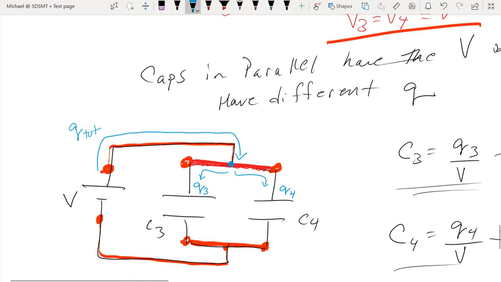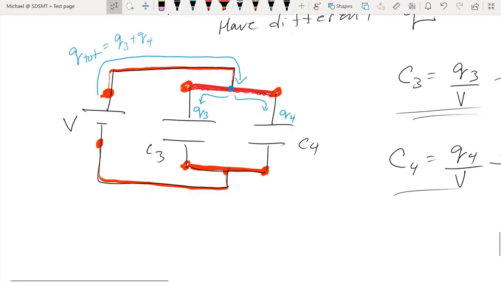We already know how much charge is going to go to each capacitor, so if each capacitor got its charge from the battery, this means that the battery had to provide both of those capacitors with their charge. And this means that a total of 70,000 microcoulombs came out of the battery.